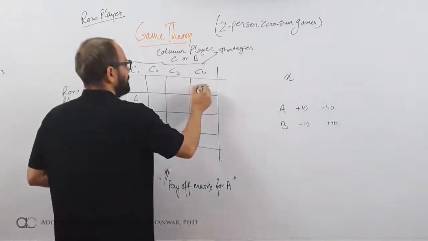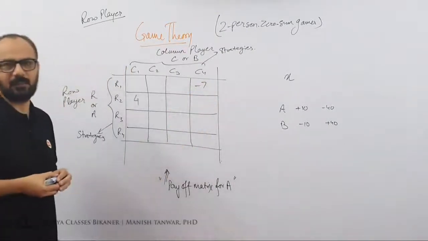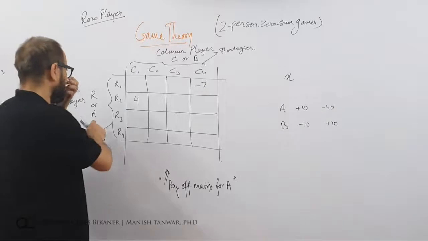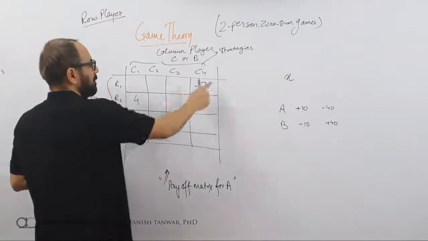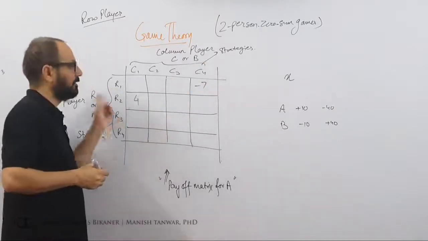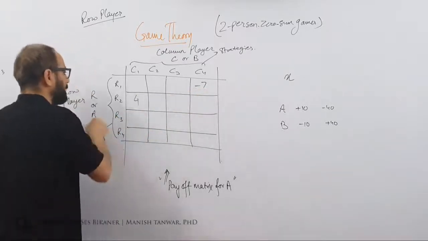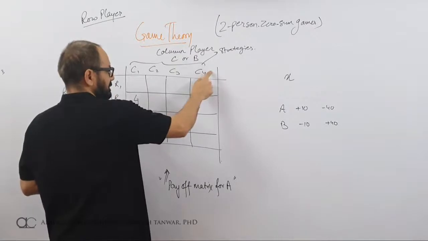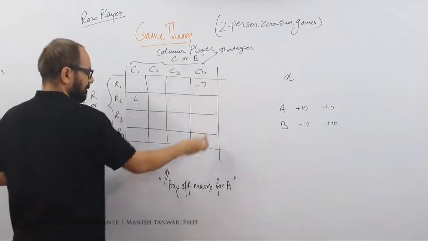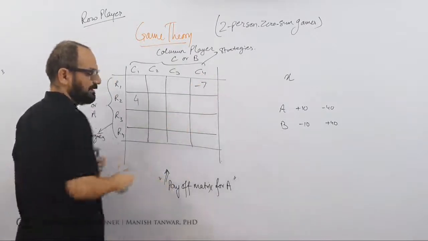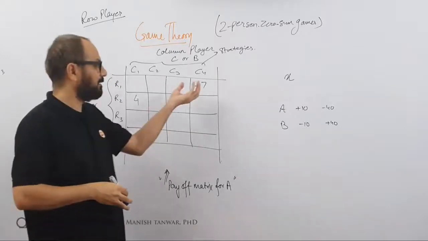So, if there is a -7 over here, what does this -7 tell me? That if the row player picks R1 and the column player picks C4, my payoff will be -7. This combination will give me a return of -7.